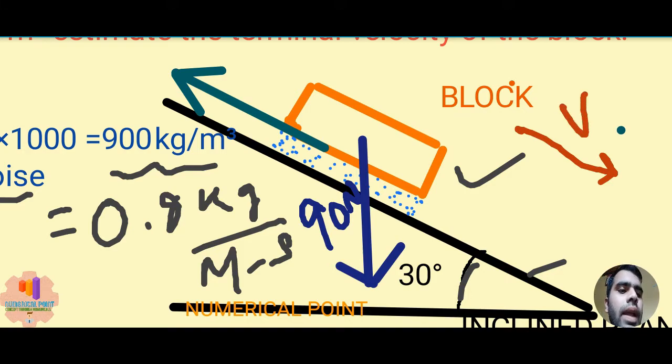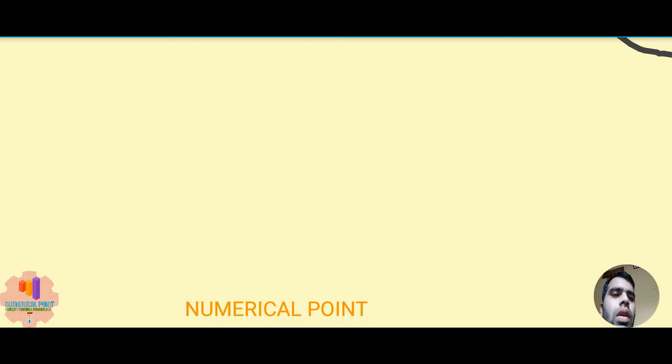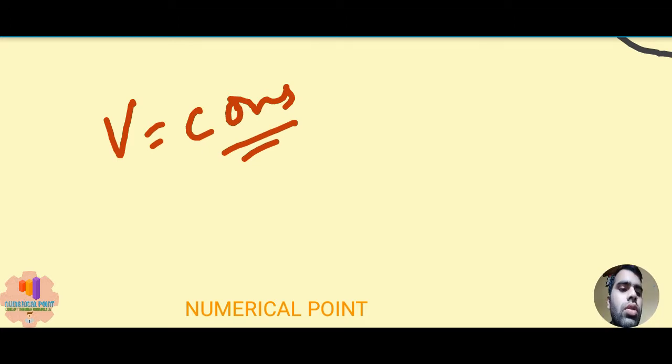By applying Newton's first law, as the velocity is constant, that is the terminal velocity is constant, the net force in the direction where velocity is constant will be 0.